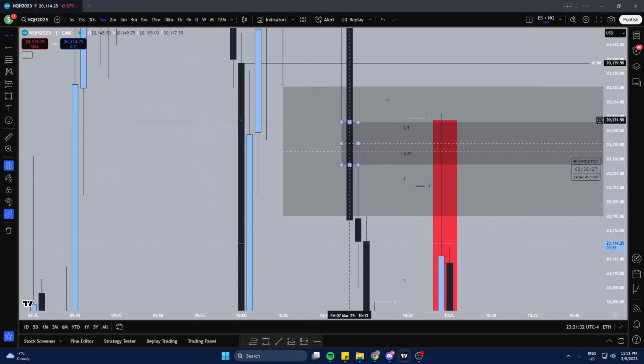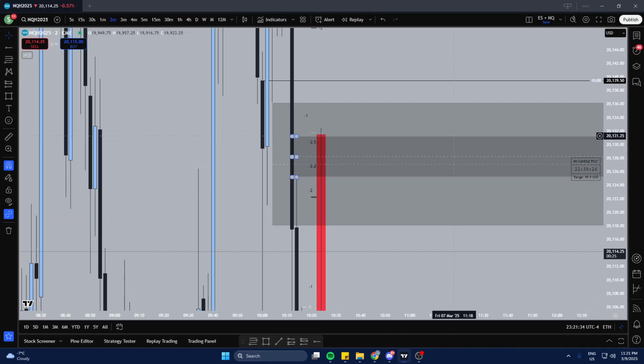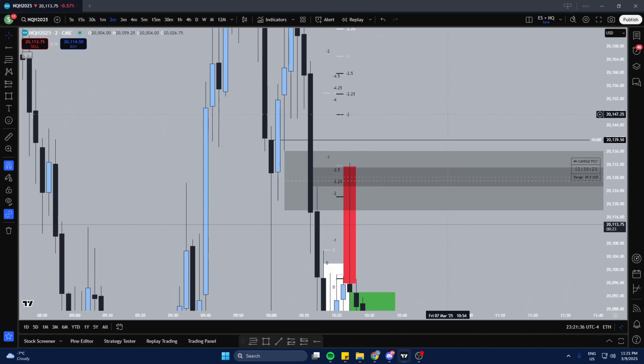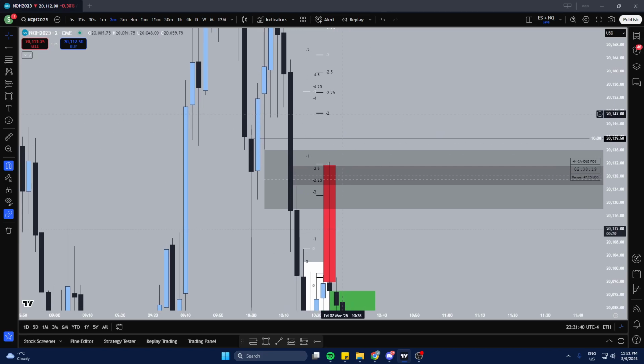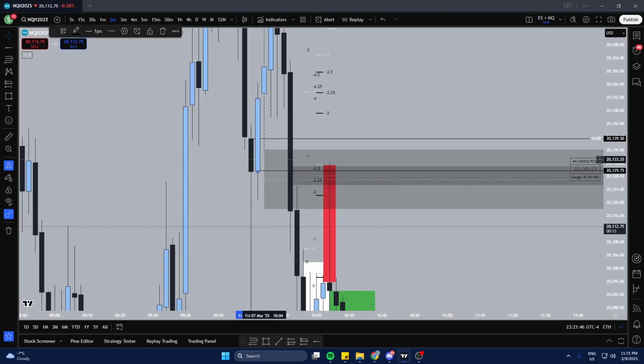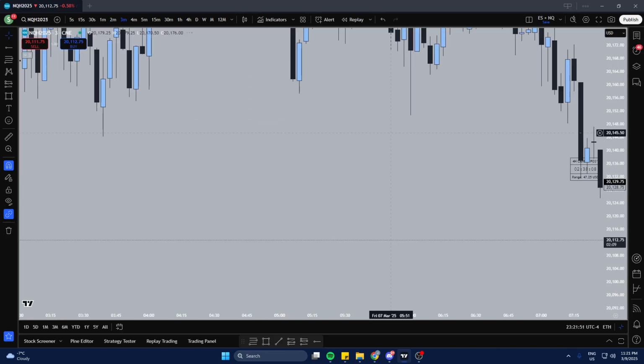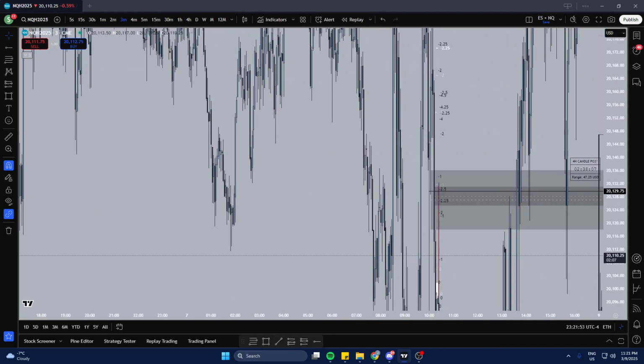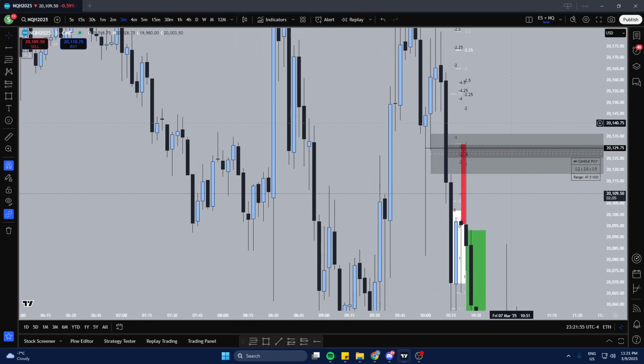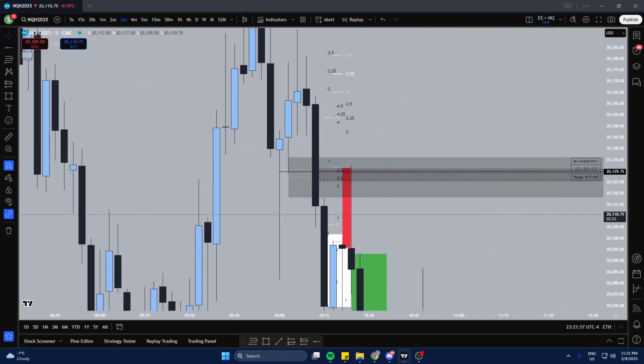You can also look on different time frames, like the 2 minute. The 2 minute has a much wider fair value gap, and we actually have this order block here now. So we have this 2 minute order block, and you can start to see these confluences are stacking up here.